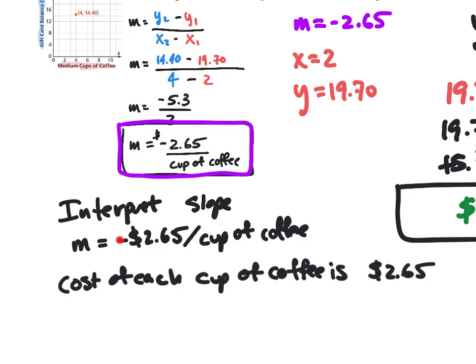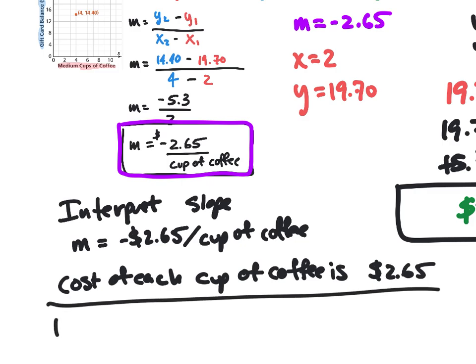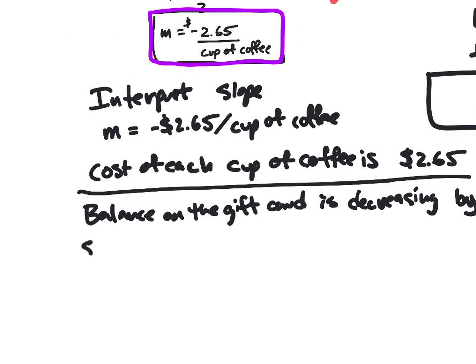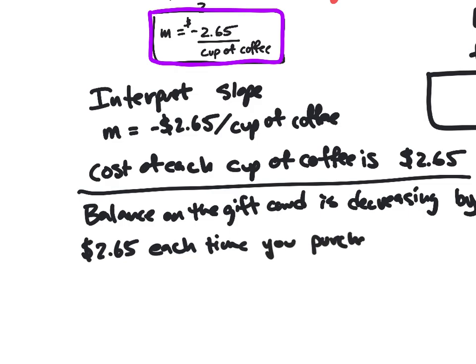The slope is negative, and one thing we could say is that the balance on the gift card is decreasing by $2.65 each time you purchase a medium coffee.